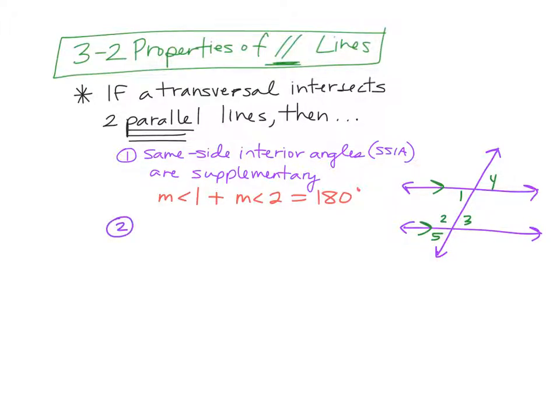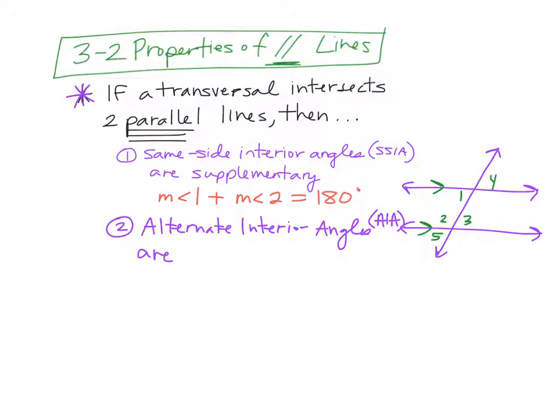Okay, the second one then says same thing, same start, we're starting up here. If a transversal intersects two parallel lines, then alternate interior angles, or if you're abbreviating, AIA, are, any guesses here? What are your alternate interiors in that picture? 1 and 3.